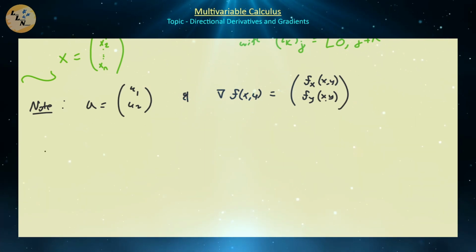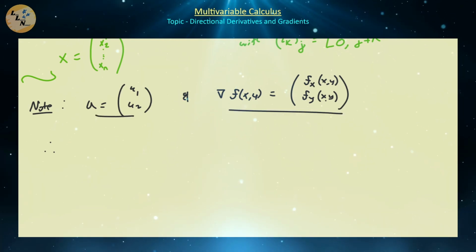So we can take the dot product of these two things, because if u is a vector and the gradient is a vector, then we can take the dot product between these two vectors and we're going to get a number, right? So which number will we get?